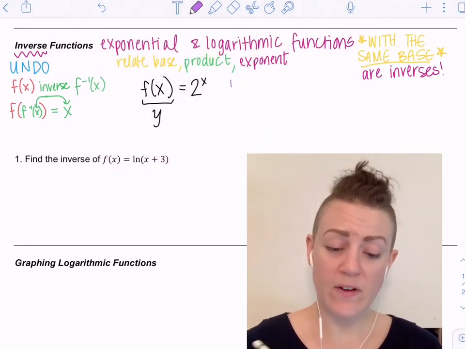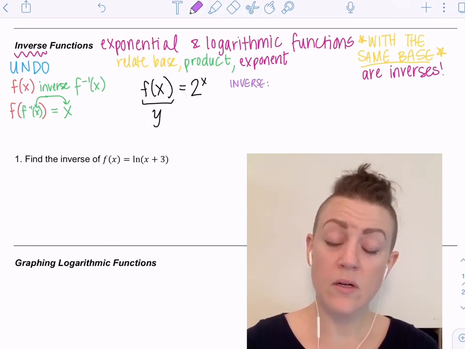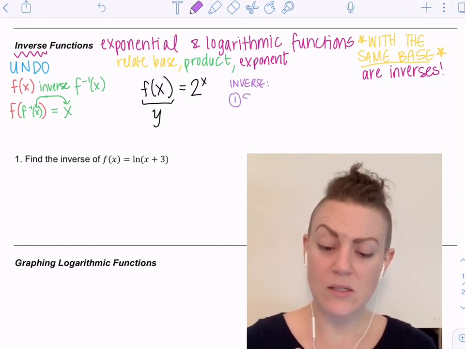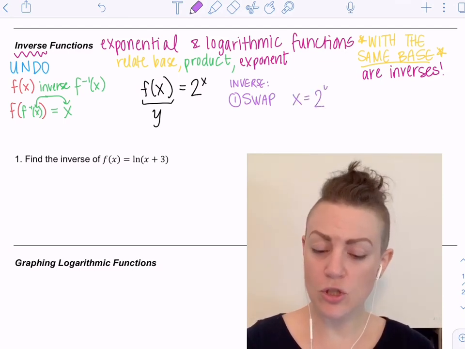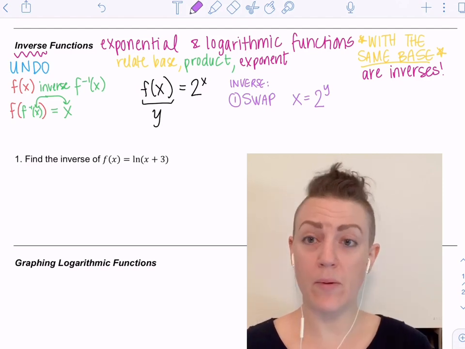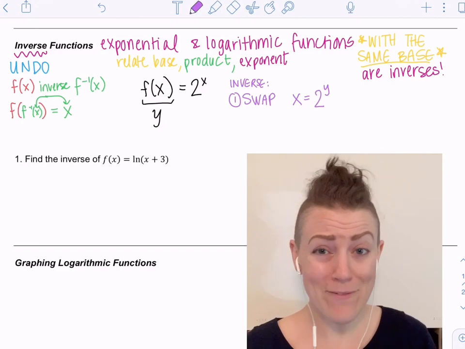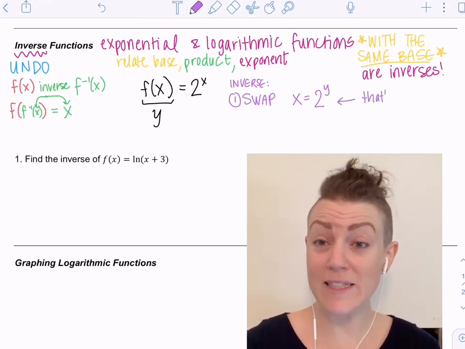So to find the inverse, instead of writing y equals 2 to the x, x and y trade places. So step 1 is to swap and say x equals 2 to the y power. And at this point, you guys, we have it. That's the inverse relationship right there. That's the inverse.